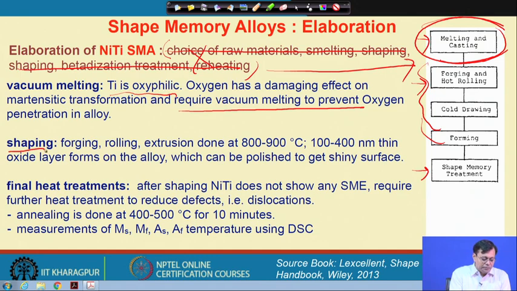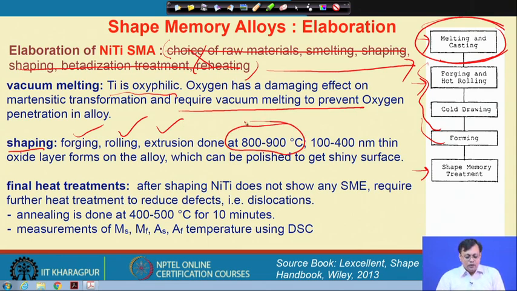Now, in case of shaping of the alloy, we can go for forging, rolling, or let us say an extrusion technique. We can do that at 800 to 900 degrees centigrade. Why? Because we raise the temperature, as shaping needs some plasticity, and plasticity can be achieved at higher temperature, like hot deformation.